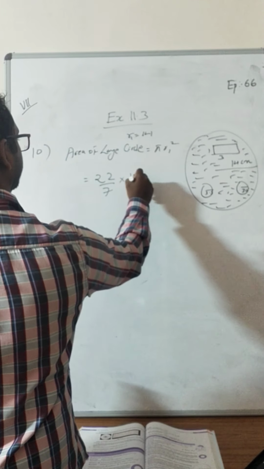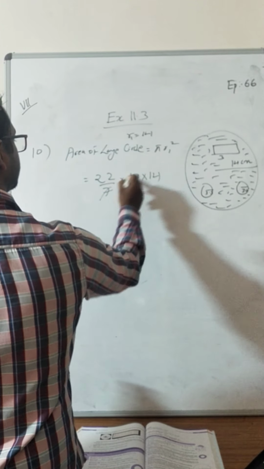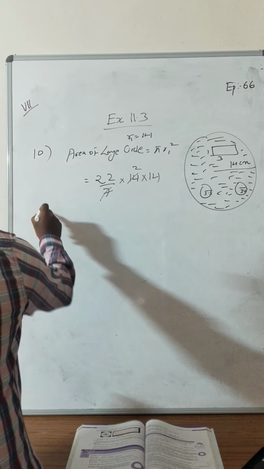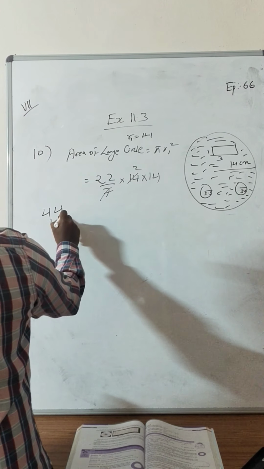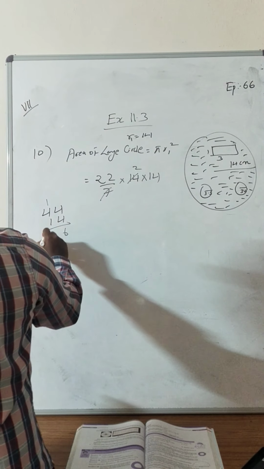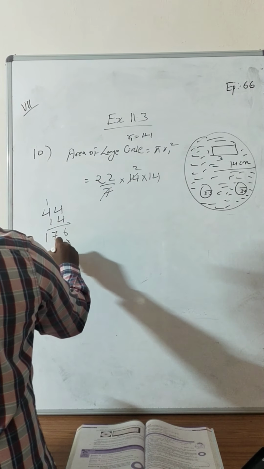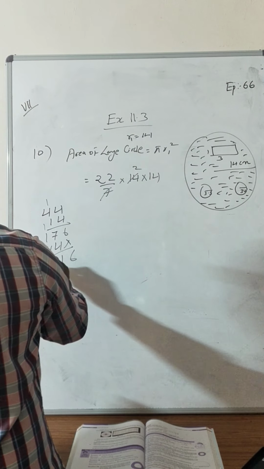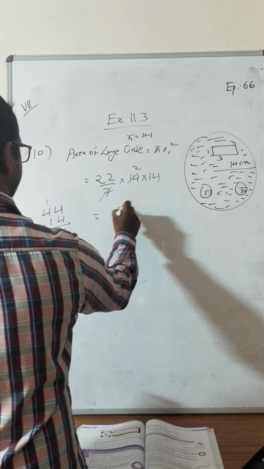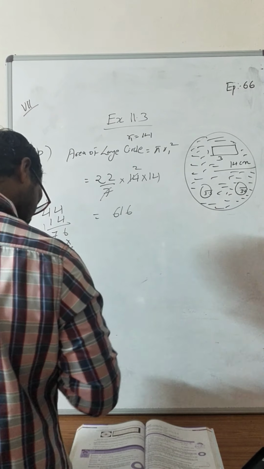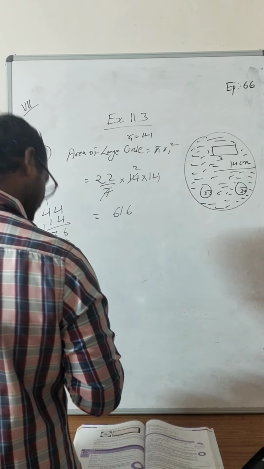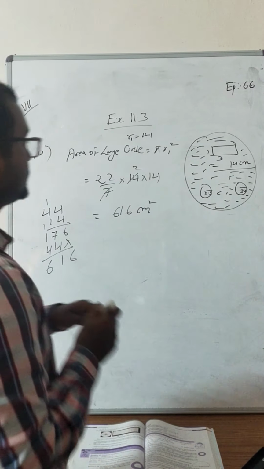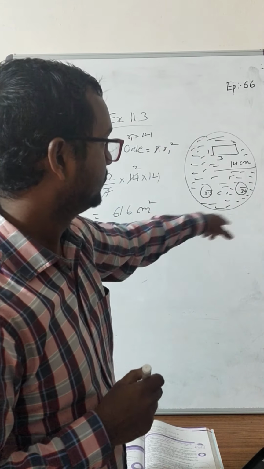Radius is 14 into 14. 7 to the 22 into 2 is 44 into 14. So we are getting 616 centimeter square. So this is the area of the large circle.